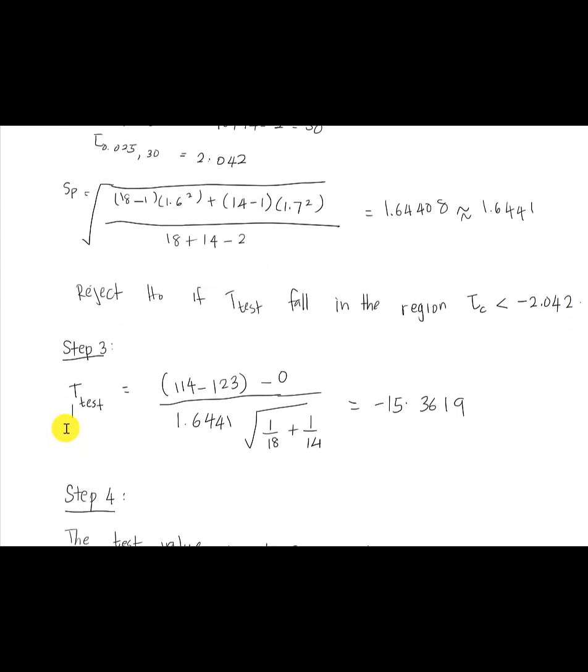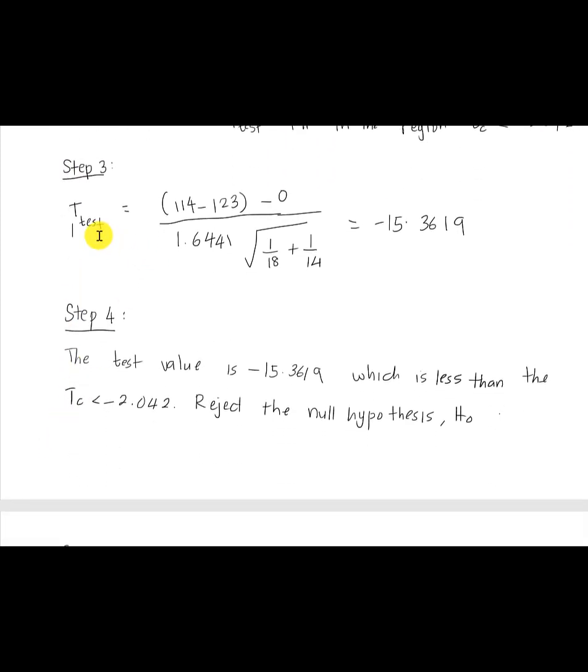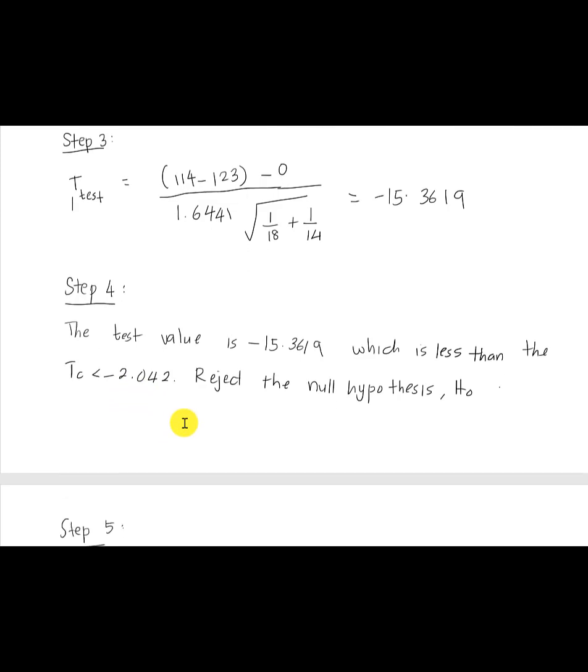In step 3, we substitute all the information given from the question and the SP that we already calculated in step 2. Then we get our t-test as negative 15.3619. So the test value is less than negative 2.042, that means we have to reject the H naught.